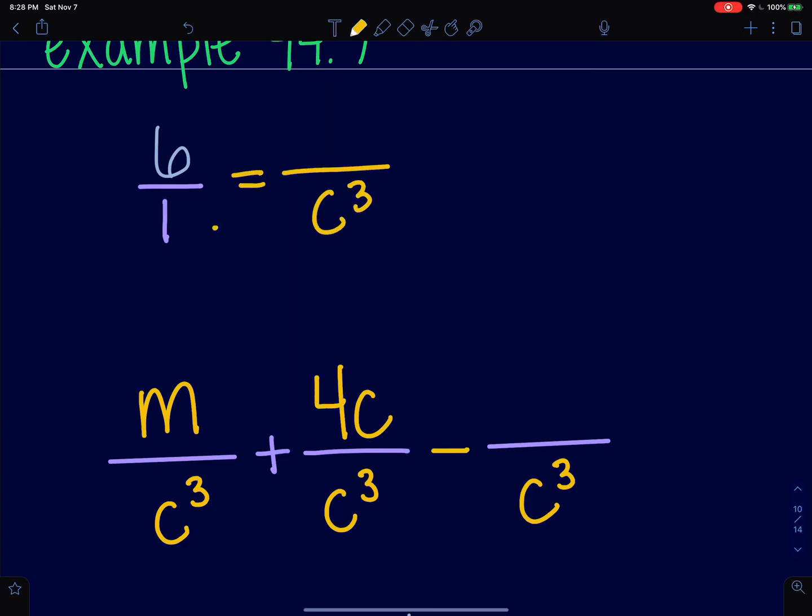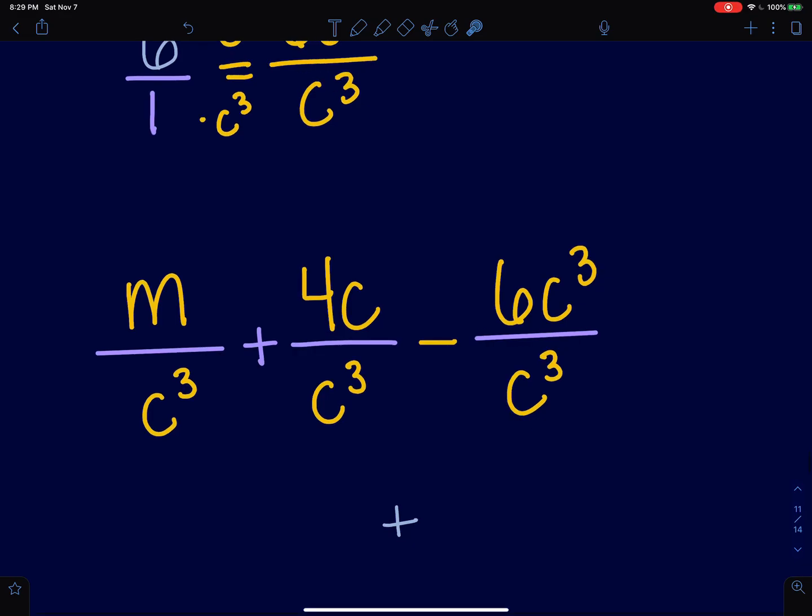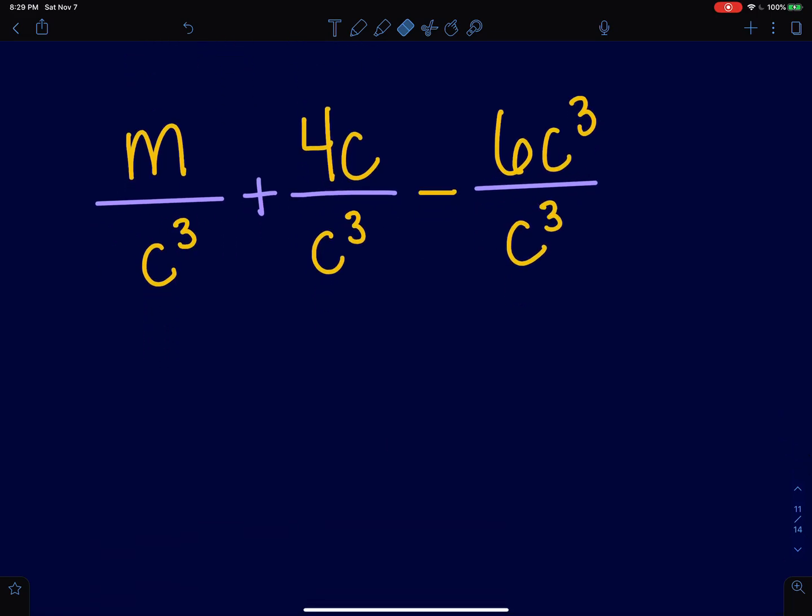I need to multiply this by c cubed. Now I need to multiply the top by c cubed. So the top is going to be 6c cubed. And that makes sense to me as I look at this because 6c cubed over c cubed is basically just 6, right? But because I changed it to that, now I can add all of these expressions together.